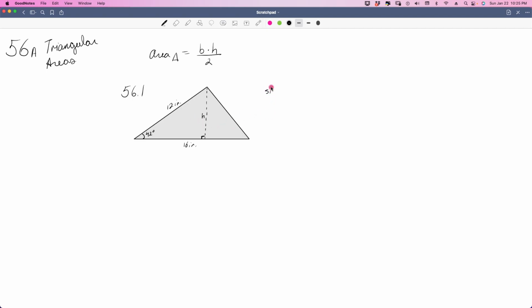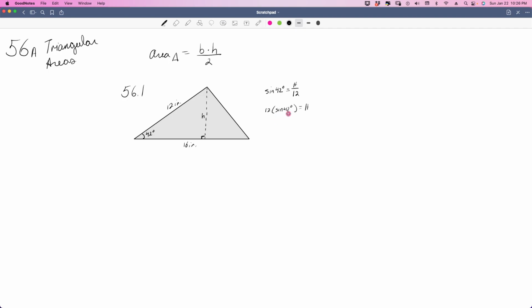So the sine of 42 degrees is equal to h, which is the height here, over the hypotenuse, which is 12. So that would be 12 times the sine of 42 degrees is equal to our h, or our height of our triangle.